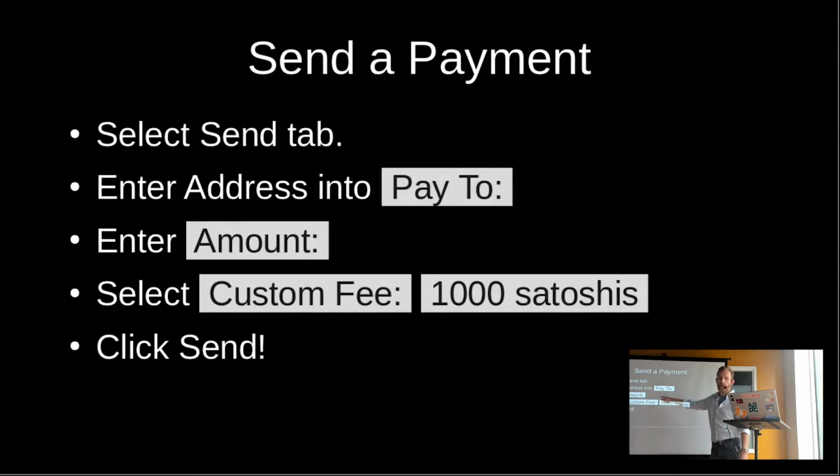You could put any amount in there. Set the custom fee, since we're on regtest, so there's no way to determine what the fee rate is for our own private blockchain. So you just set a custom fee. The minimum is 1,000 satoshis. I think that's the minimum relay fee. Or no, actually the minimum relay fee is lower than that, but for whatever reason, I just put 1,000. And then you can click send.